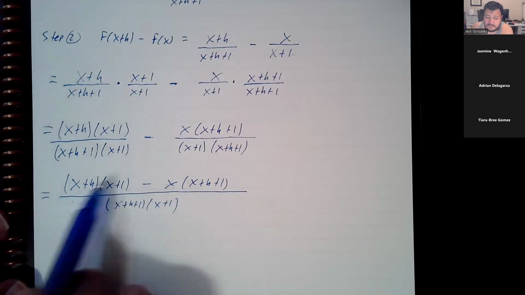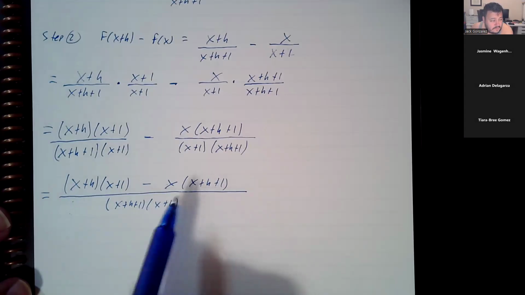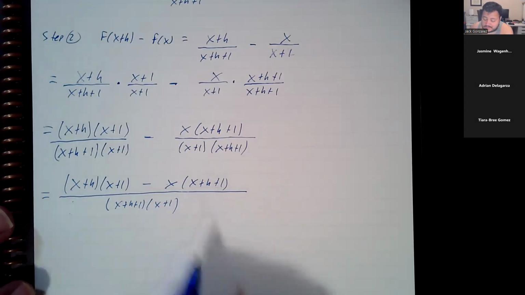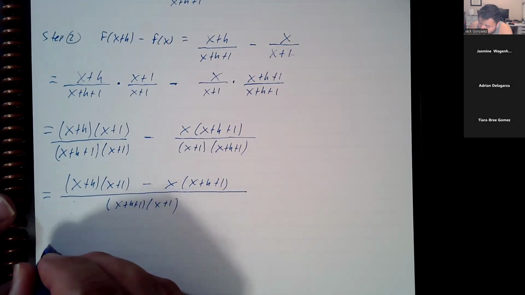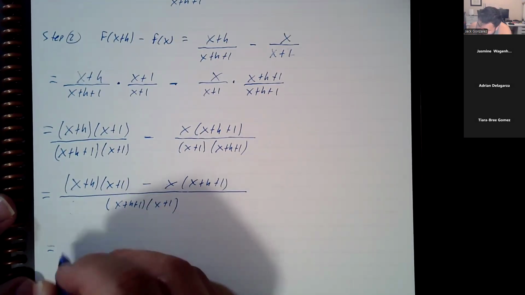So here we're just gonna have to multiply stuff out and see what cancels. It's just ugly.